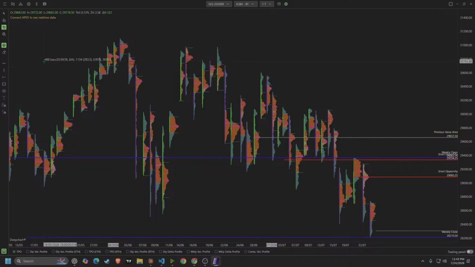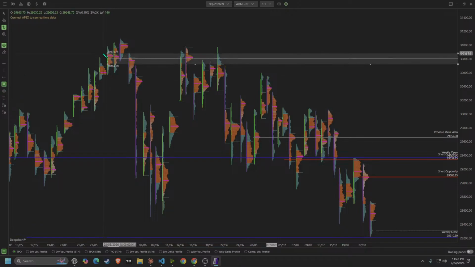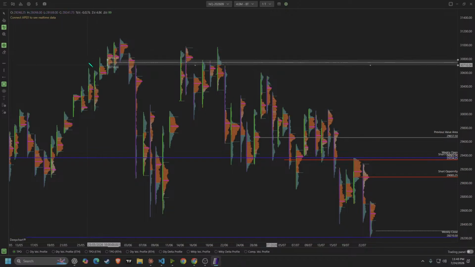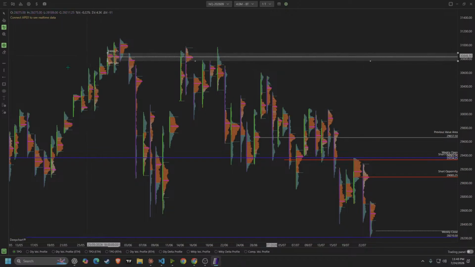Interesting. So up here, this is my level, and we've yet to tap back into it. And this is 1400. Okay, so that's not my level, but it's a good level.